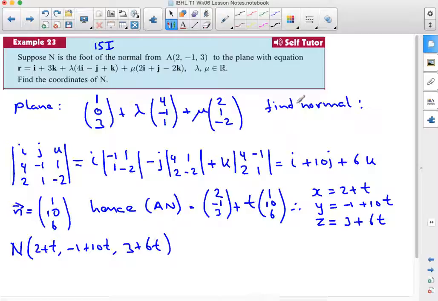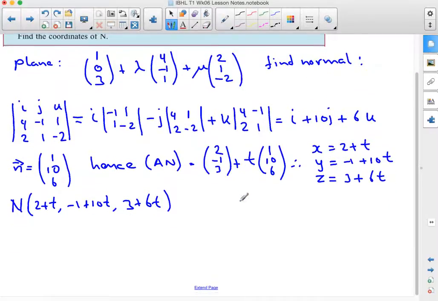So that's the next part. The line AN, which is 2 plus t, negative 1 plus 10t, and 3 plus 6t, must equal the plane that we already have here.